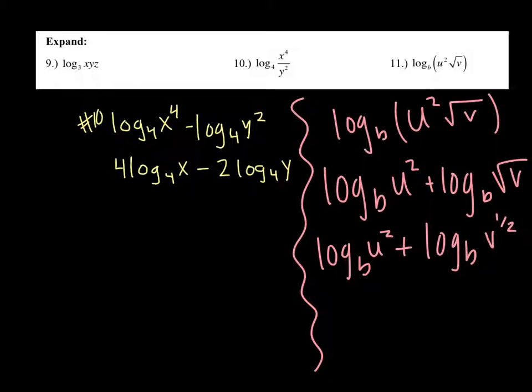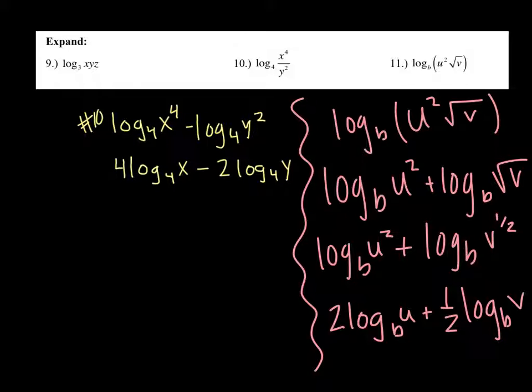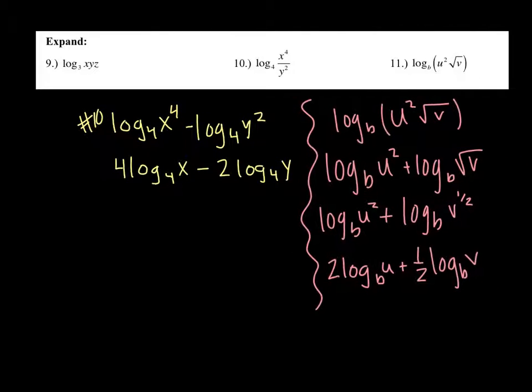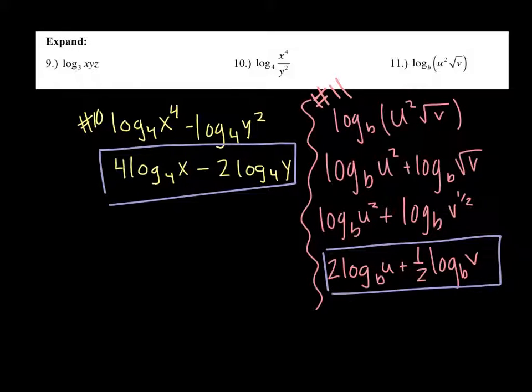So this becomes 2 log base b of u plus the 1/2 comes out front, log base b of v. And that's number 11. So both are expanded. There's no exponents left. And that's pretty much it.